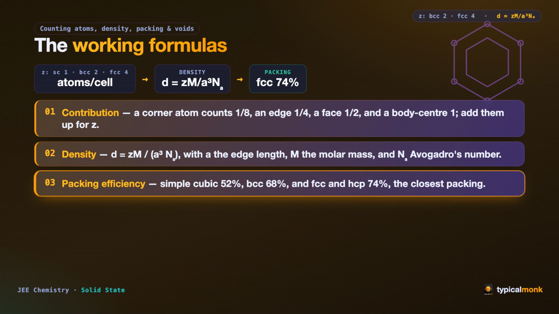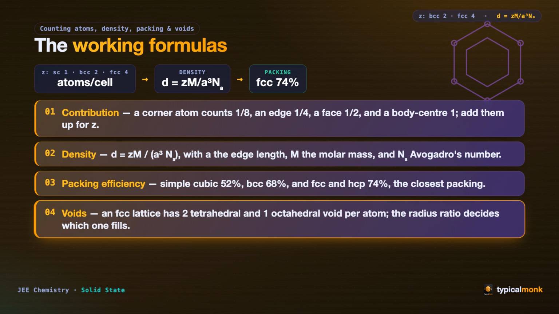Simple cubic fills 52%, body-centered cubic 68%, and face-centered cubic and hexagonal close packing 74%, the closest packing possible. And the voids. A face-centered lattice has 2 tetrahedral and 1 octahedral void per atom, and the radius ratio decides which one an ion fills.